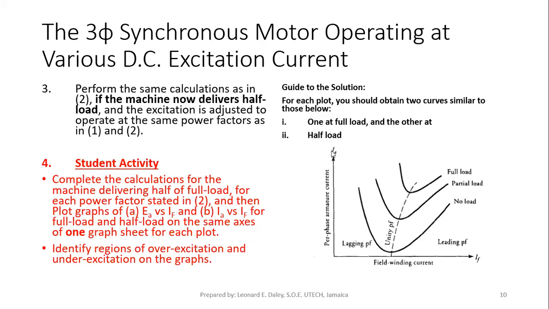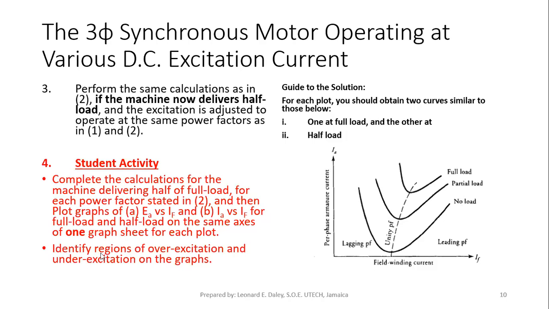So here I'm plotting IA versus IF, and I have a curve here for full load and a curve here for a partial load. Notice that they are on the same axes. This is what I'm talking about when I want full load and half load on the same axes, right?